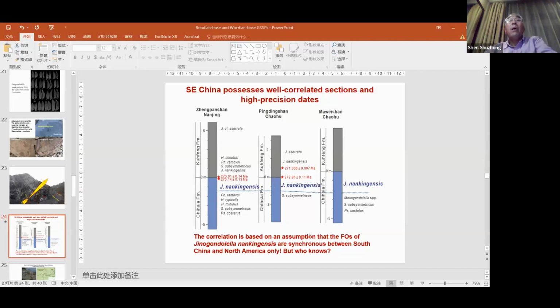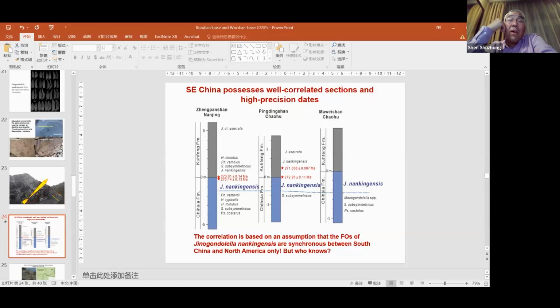But the problem is in North America, in the stratotype canyon section, we don't have any other markers except for the serrated conodonts. And even for the serrated specimens from the stratotype canyon section, it's really hard to separate Jinogondolella from the underlying transitional forms, weakly serrated specimens.